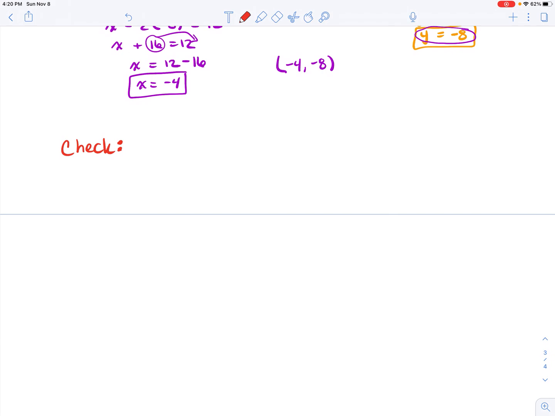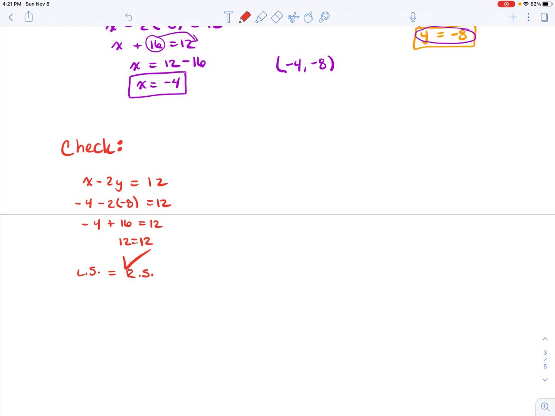So if I do that, of course, my first equation is x minus 2y equals 12. So let's go ahead and put in. I have minus 4 minus 2 times minus 8 equals 12. I have minus 4 plus 16 equals 12. And of course, that is positive 12, which does equal 12. So my left side does equal the right side. So that one checks out.